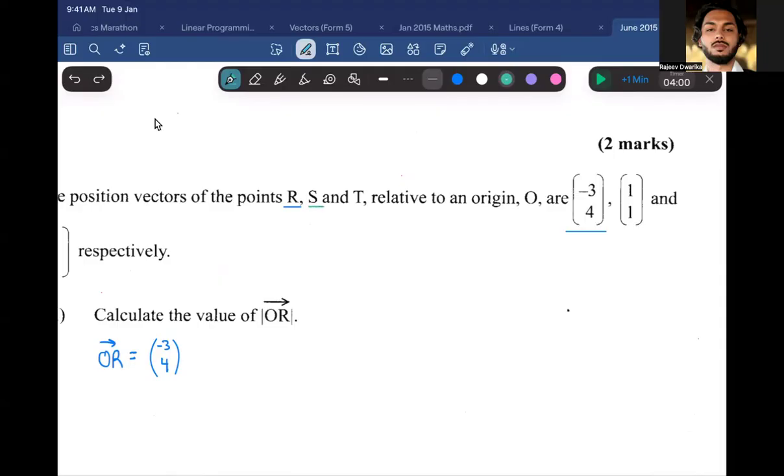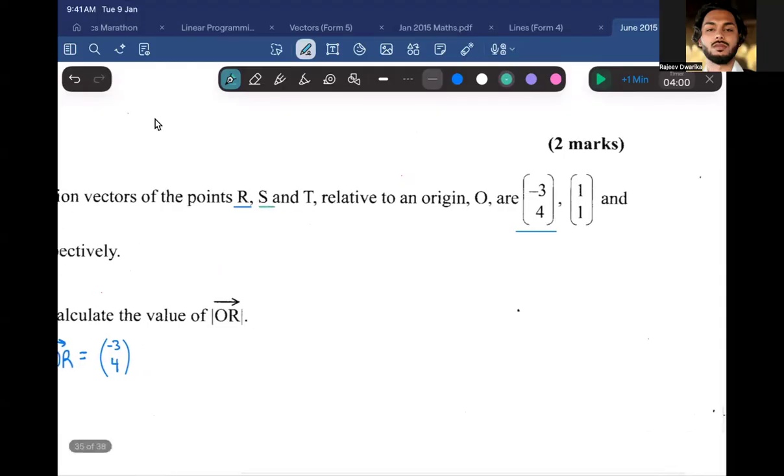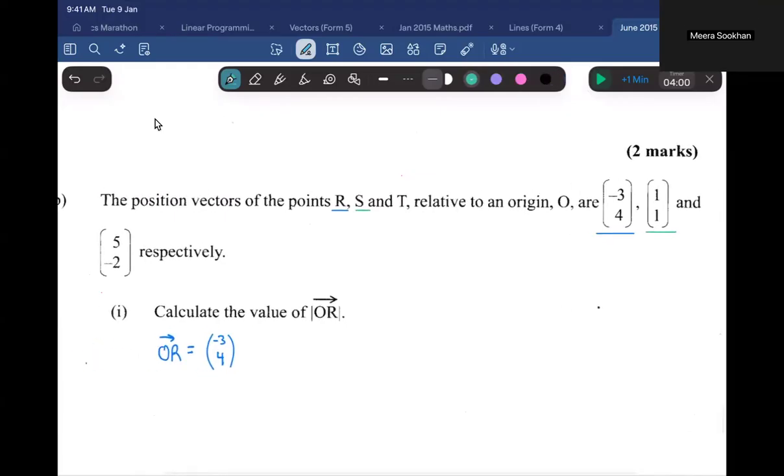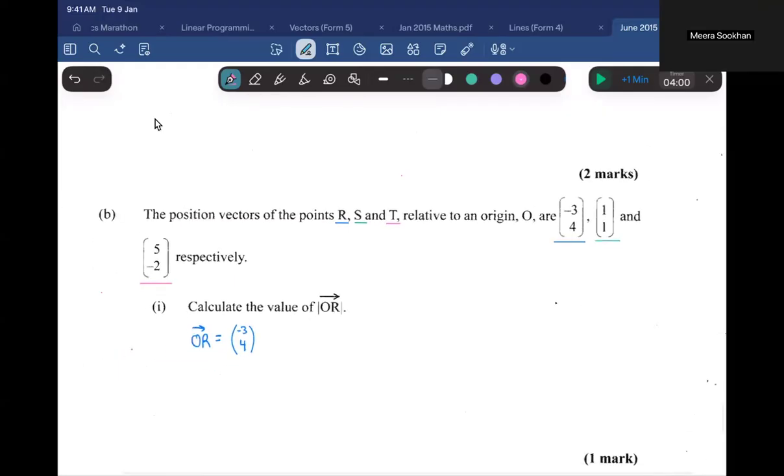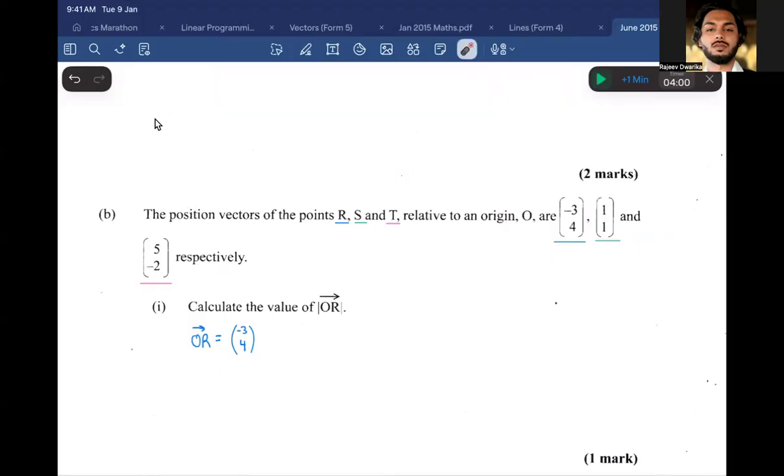Mira, did you get the answer? You get -3, 4. I know I'm not too confident right now, but yeah, I get it. The tricky thing about this question is it didn't state it explicitly. You needed to read between the lines.